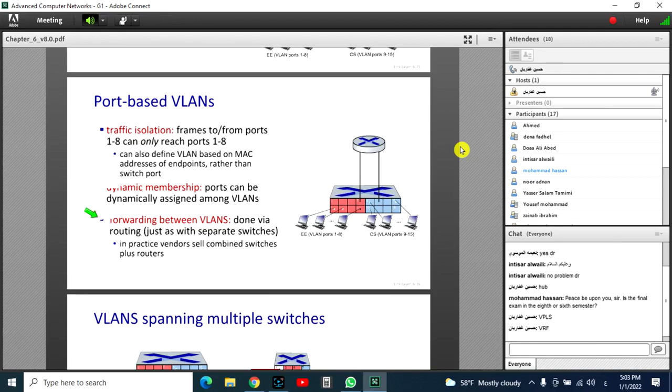That router can forward the received information between different VLANs.